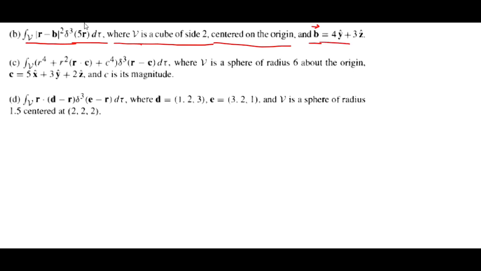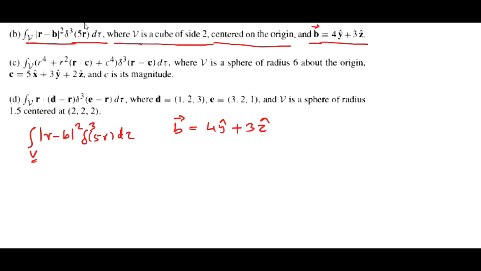B is equal to 4y cap plus 3 z cap. Therefore, first I will copy this question here. The whole space here is nothing but the cube, and the information given is vector b is equal to 4y cap plus 3 z cap.